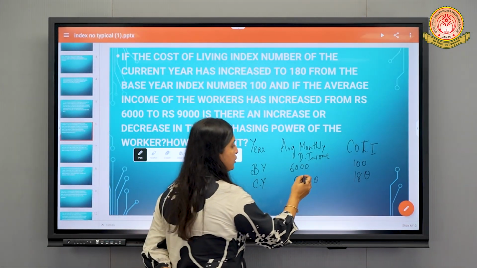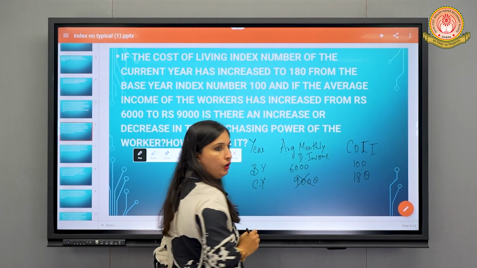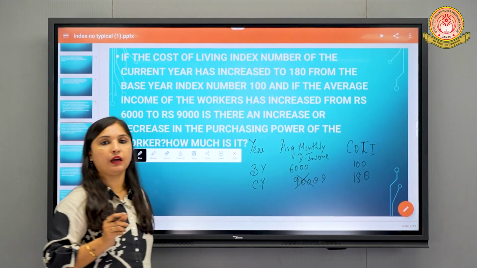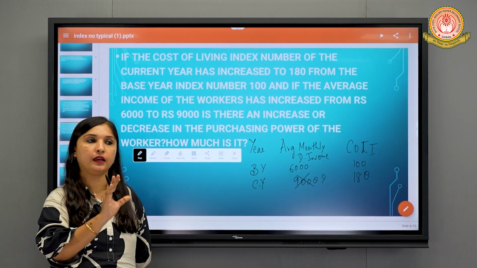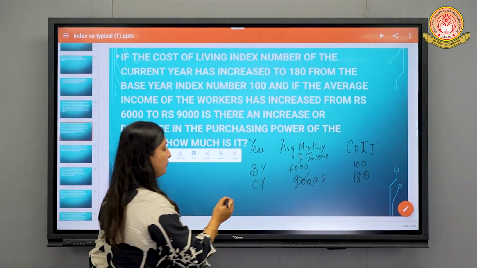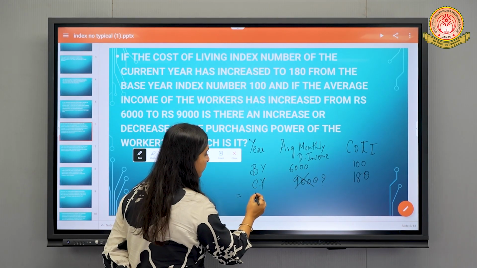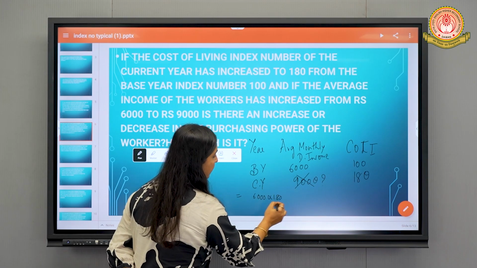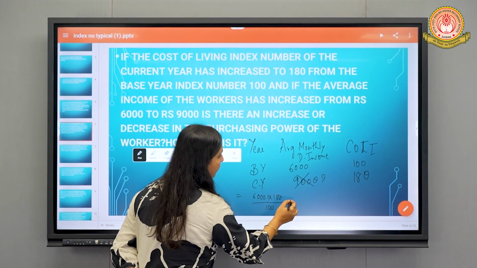For that we will assume as if this data is not given and put a question mark over here, so that whenever we find the data, we will understand whether it is an increase or a decrease. So assume it is not given. What we will do? We will just cross multiply: 6,000 into 180 divided by 100. What do we get?